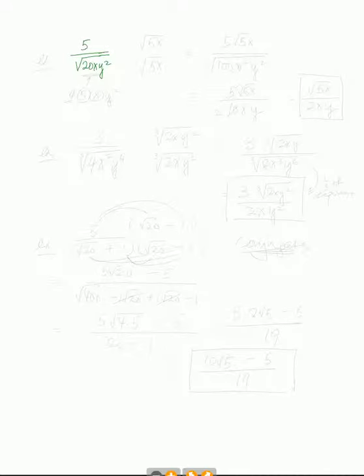Remember what's perfect and what's not. So think of 20xy squared. 20 is like 4 times 5. 4 is perfect. 5 needs help. x needs help as well. And y squared is perfect.